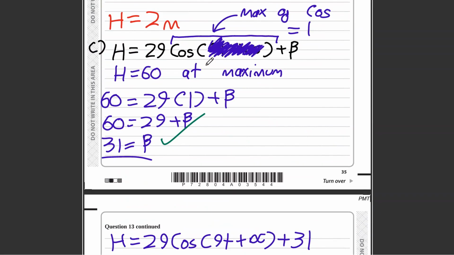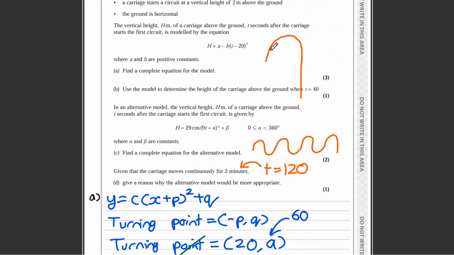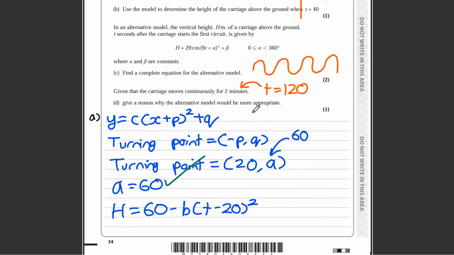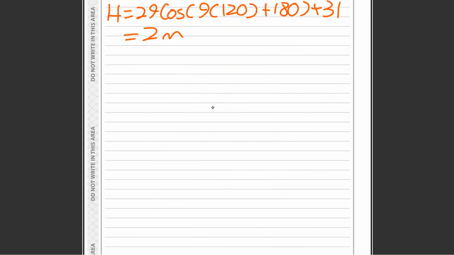This is why this model works better, because it kind of has this oscillating model where it keeps going up and down like this, rather than the first model where it kind of keeps going down. So essentially, give a reason why the alternative model would be more appropriate. You can say something like the alternative model allows for multiple circuits.